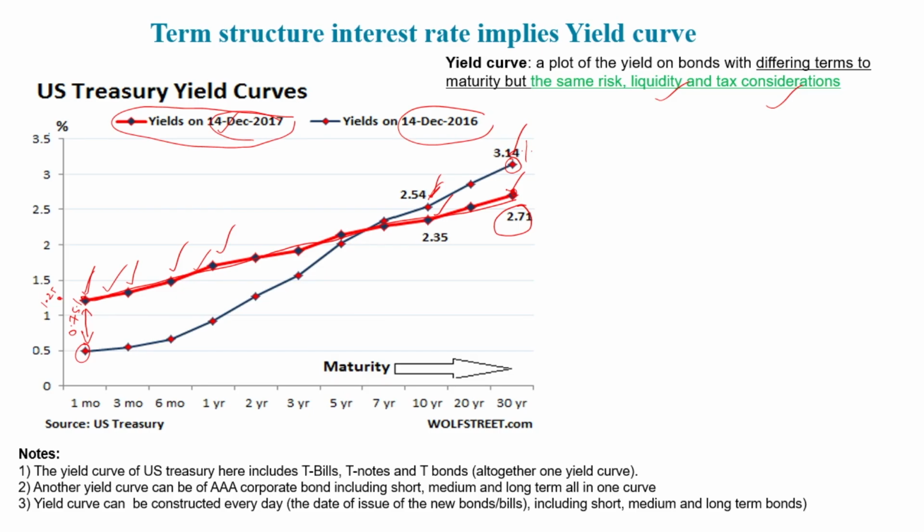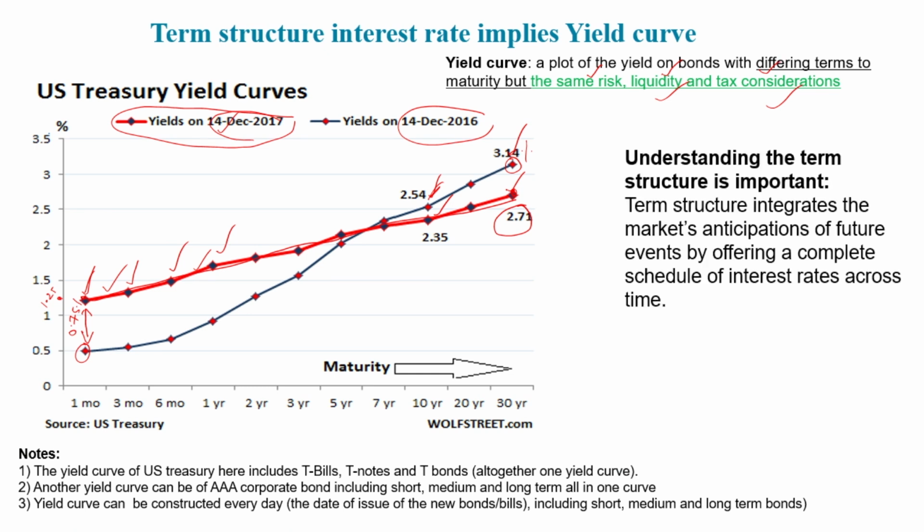So I am repeating this point, it has same risk, same liquidity, same income tax consideration. So the point here is that the term structure, term means the time period, integrates the market's anticipations of future events by offering a complete schedule of interest rates across time.